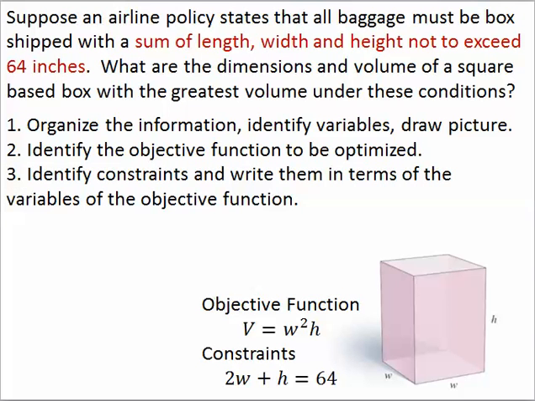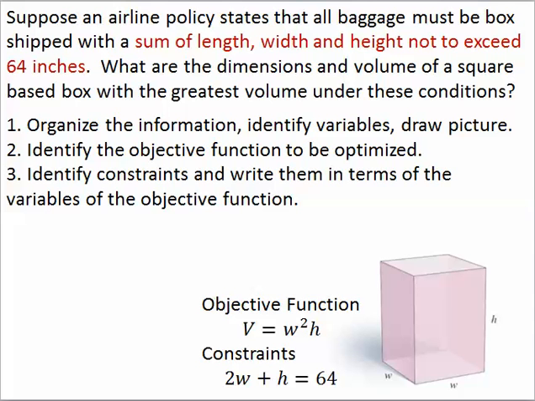Identify your constraints. You might have more than one, and write them in terms of the variables that you used for your objective function. I need to have that the sum of the length and width and height cannot exceed 64. So I just set it equal to 64. So the length and width, well, those are the same value.